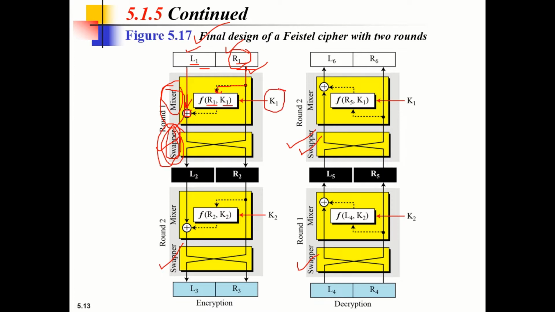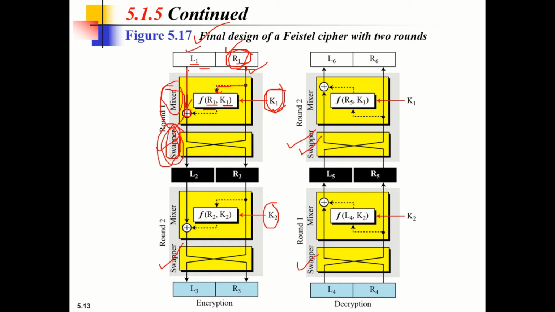Here this key is K1. This is the key for the first round, right? So it belongs to the first round, so we have named it K1. For the second round, we'll have this key K2. Now this function f is being carried out using this value of R1 and K1, right?